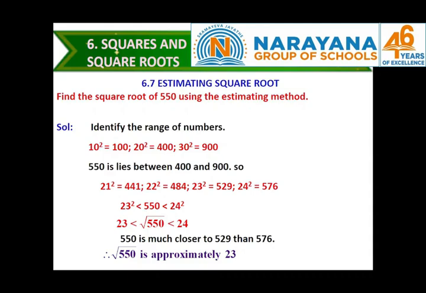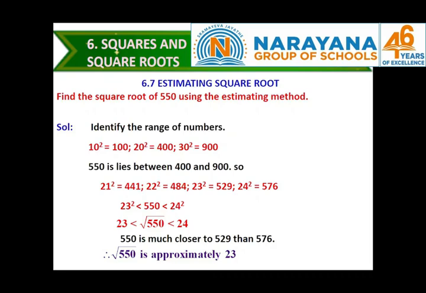It lies between 23 square and 24 square. So the square root of 550 is between 23 and 24. Is 550 closer to 529 or 576? 550 is much closer to 529. So the square root of 550 is approximately 23 point something.